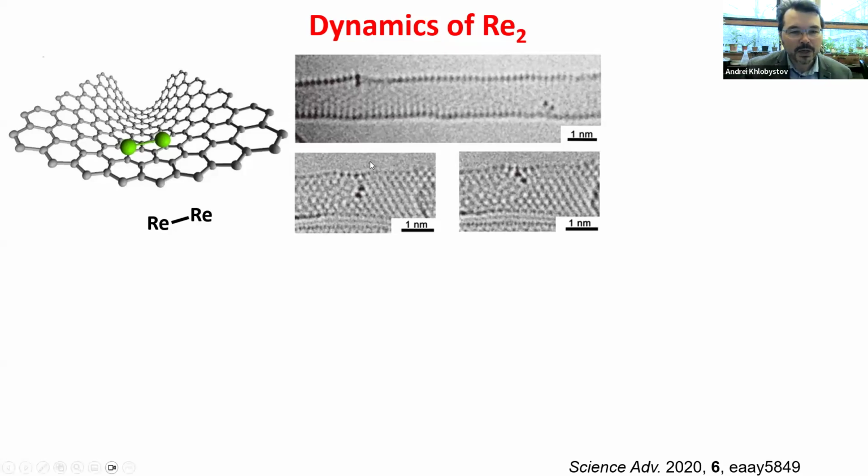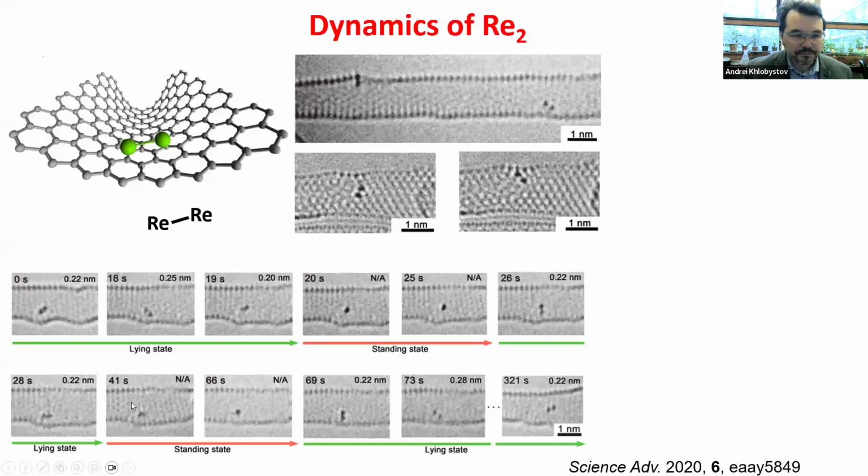So here we have this pair of atoms which we created inside carbon nanotube, and because of the scattering of electron beam is very strong by rhenium, we can see them as 2 dark dots on the background of the nanotube. And also we can take the time series. So here we're observing this pair of atoms tumbling in a nanotube. Sometimes they're on top of each other, and then we have a darker dot.